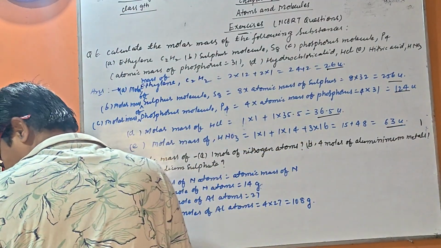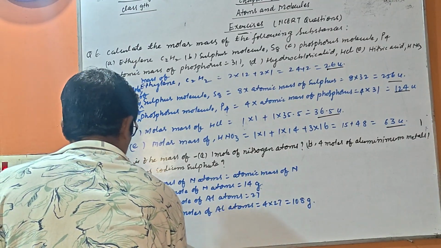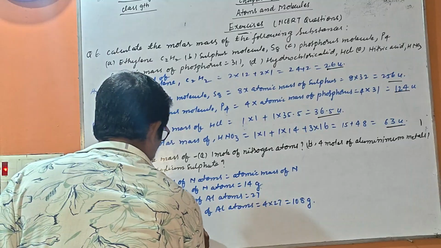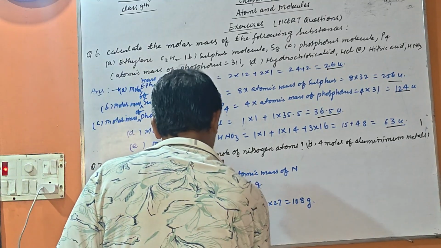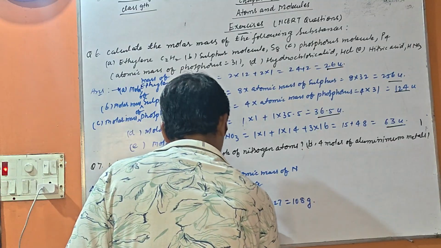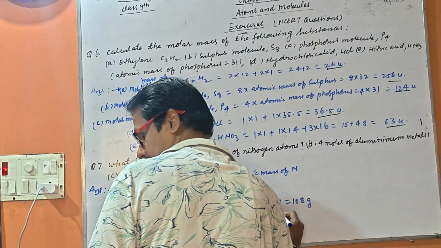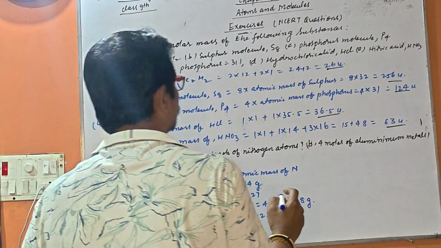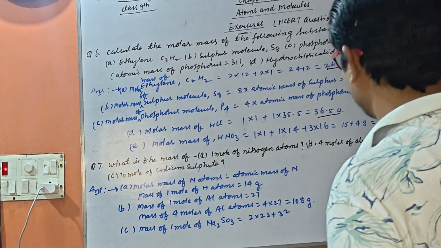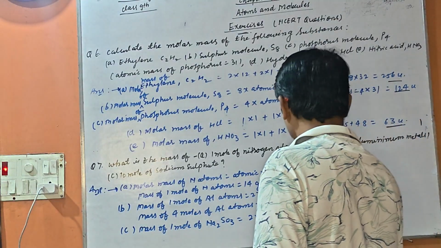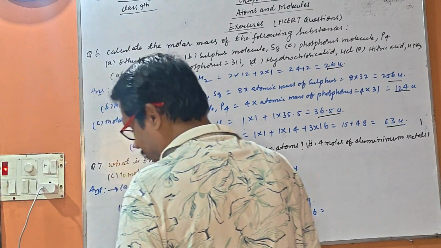And the third one is mass of 1 mole of Na2SO4: 2 into 23 plus atomic mass of sulfur 32 plus 4 into 16, which is equal to 142 grams.